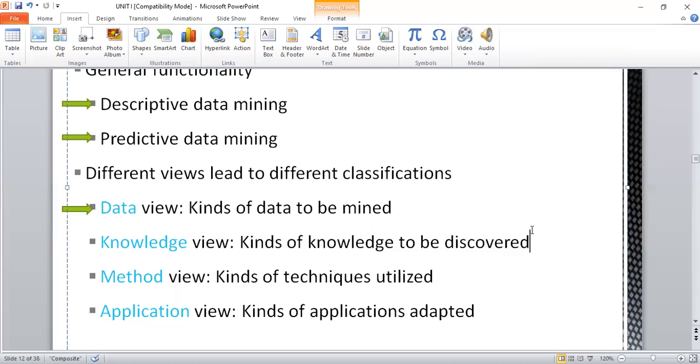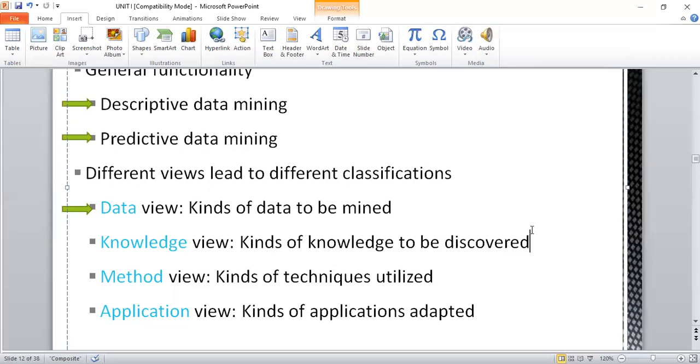And if we are classifying according to some special type of data handling, that can be spatial data, which means maps, spatial information, time series data, multimedia data, text data, stream data. So that is according to some special types of data handling. In that way, we can classify data mining techniques.